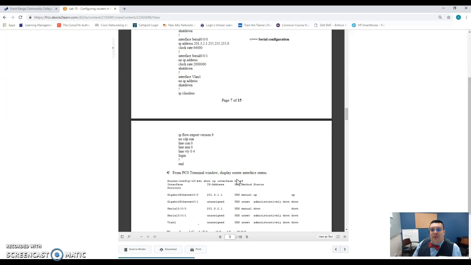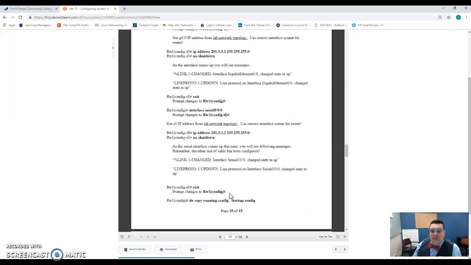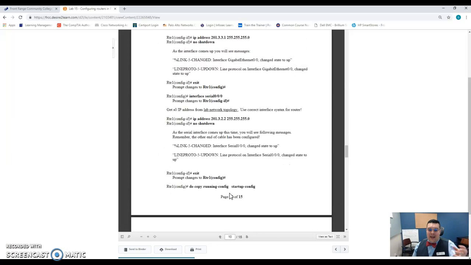With the 1941 router, you're going to be putting in the expansion cards that you need to complete the lab. So make sure you're walking through the labs at least a few times to make sure you understand this concept. Very important.